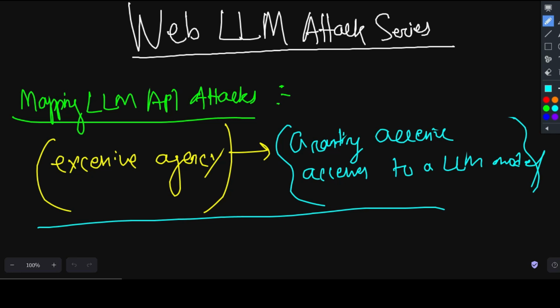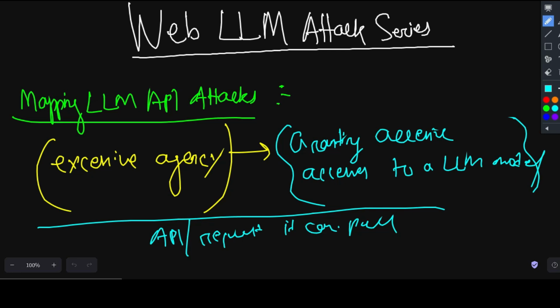By this mapping, we just have to ask the LLM model or the AI what APIs or requests it can pull externally using APIs. It is going to share some basic data, not all of it. And one way of doing it is simply asking it.